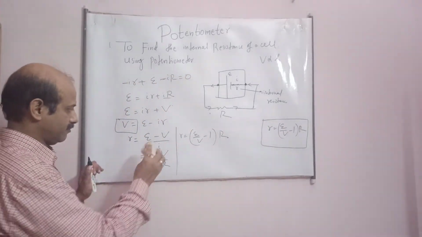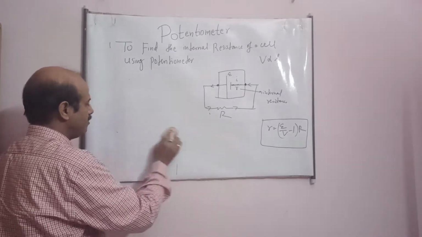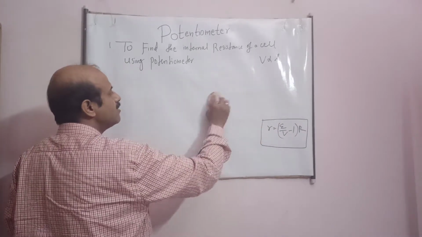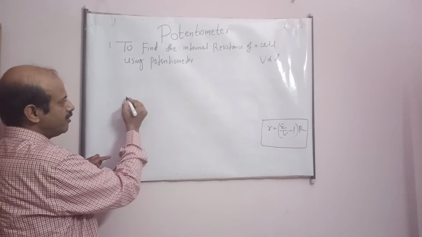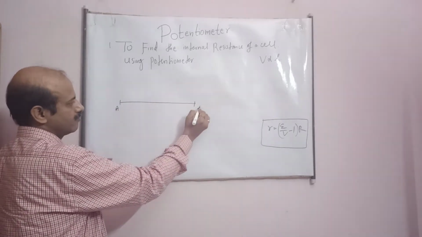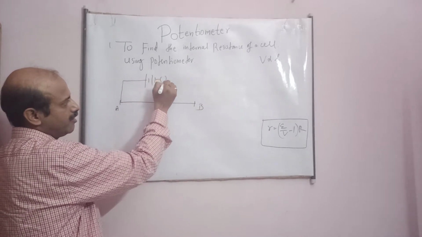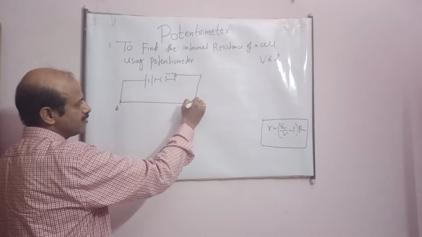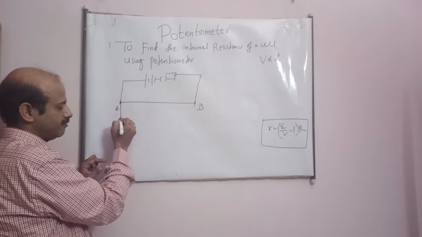Okay, student. Now I will draw the circuit using potentiometer, by the help of which we can measure internal resistance of the cell. The basic potentiometer wire I will draw by a single wire, student. Here the main auxiliary battery will be there, a key will be there, then a rheostat. Now here the next part of the circuit comes.